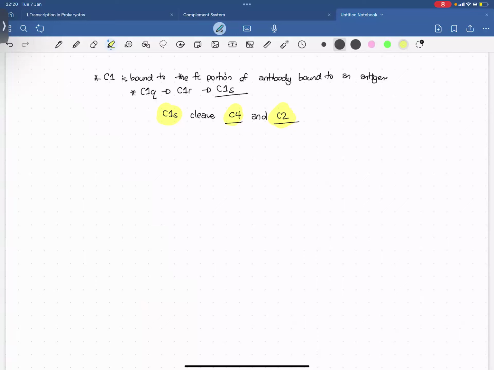So this is going to cleave C4, and cleaving means breaking down. So C4 is going to be cleaved into C4a and C4b. And we said B is the larger fragment. And then we said C4a is an anaphylatoxin. And now I think you can see that the goals we said are being achieved.